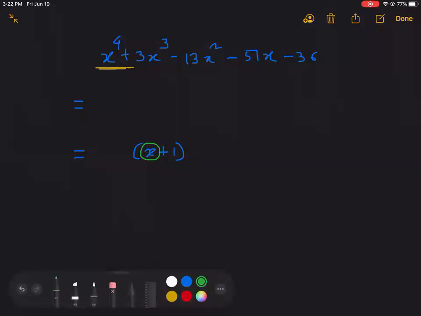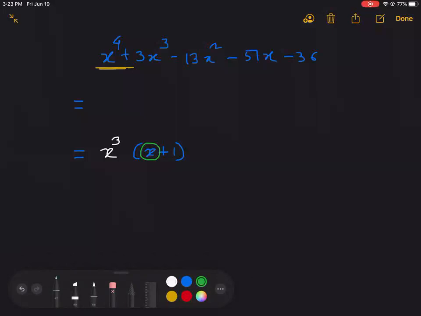Okay, I have one answer, x cubed. Yeah, that's right. So I'm actually factoring out one single x from this x to the 4. So I'll have x cubed, right? So next, what I'll do, I'll actually go backwards. This is one of the naive approaches, but it actually works really well. You know, it's quite effective.